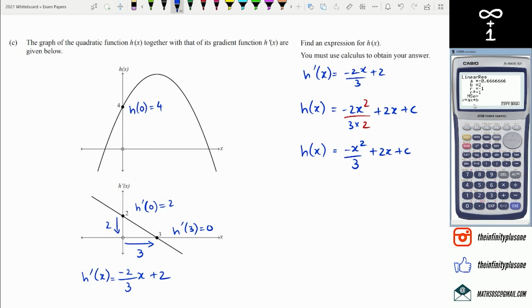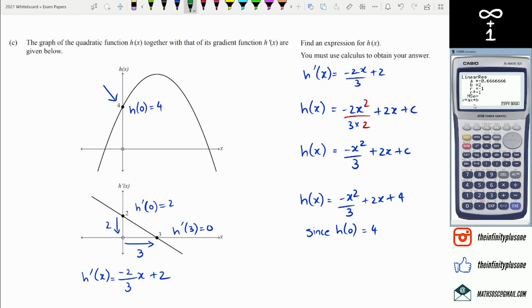We already know what the c value is, because c is the y-intercept, and in this case it's going to be 4, so we can just write h of x equals negative x squared over 3 plus 2x plus 4. And I would also put that in a statement since h of 0 equals 4.